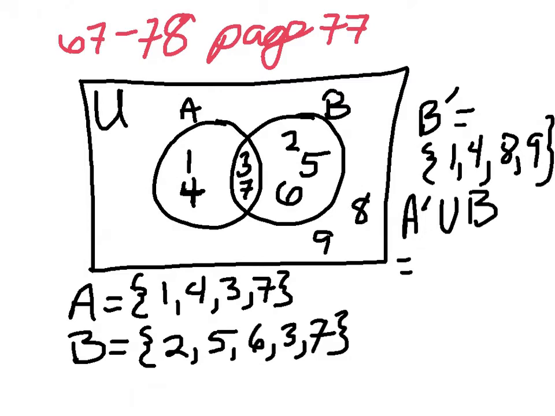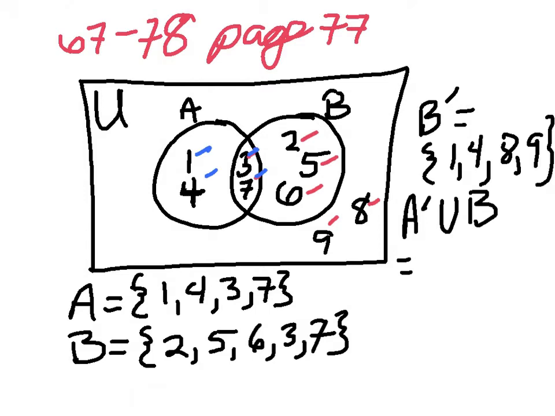A complement would be each one that is not in set A. So let me use the blue marker here, and you can see that 1, 4, 3, and 7 are in A. With the red marker, the elements that are not in A are right there with the red ones. And then I want to union those with set B.